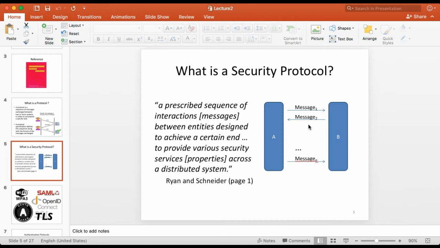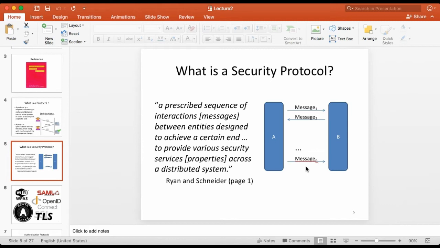However, at the end of this sequence of messages, which will be exchanged between two entities, you end up achieving or establishing some kind of security property or assurance for either or both of these two entities.